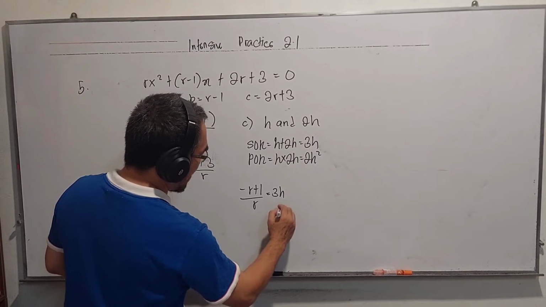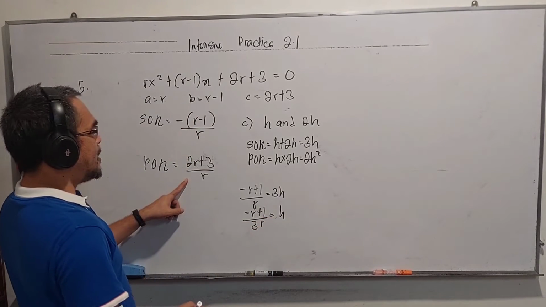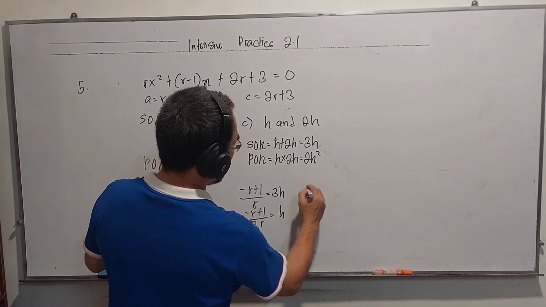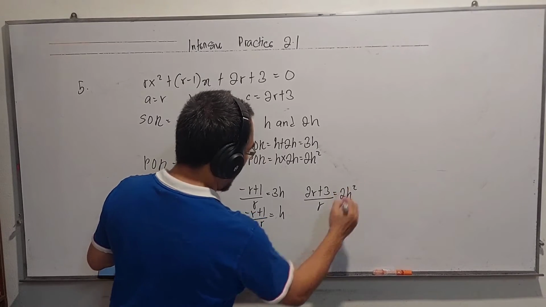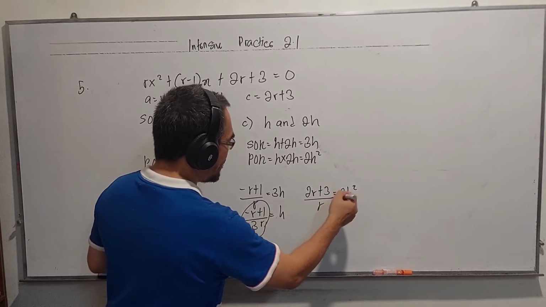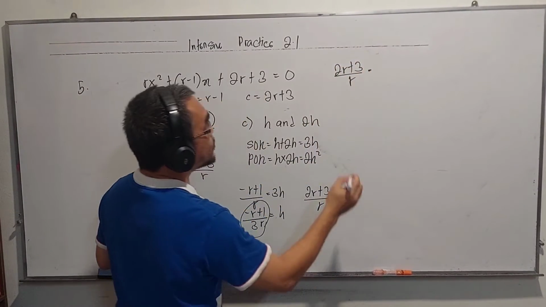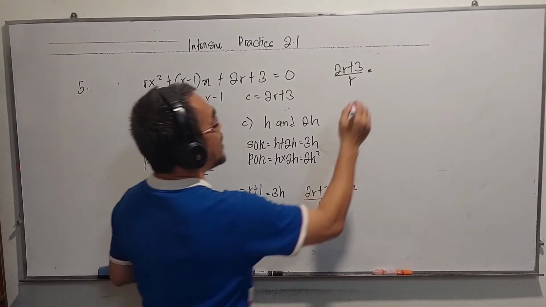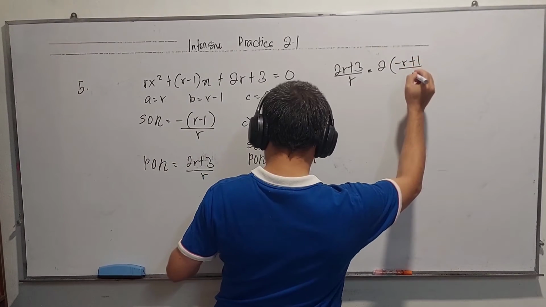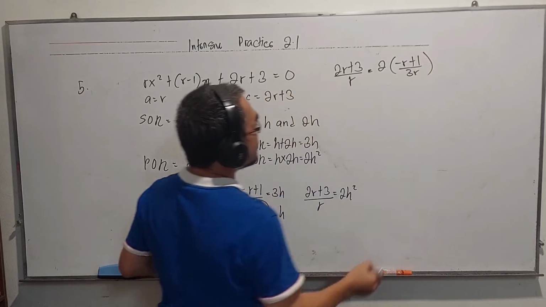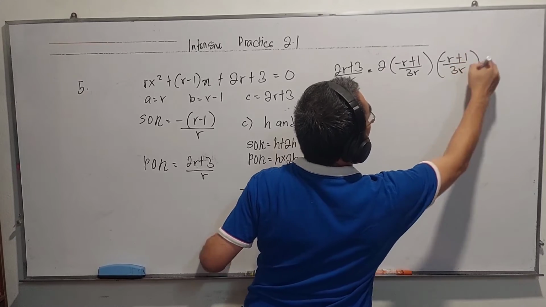Then I make h the subject: h is negative (r minus 1) over 3r. And then the product of roots: 2r plus 3 over r equals 2h squared. So I replace h here: 2r plus 3 over r equals 2 times negative (r minus 1) over 3r, squared.